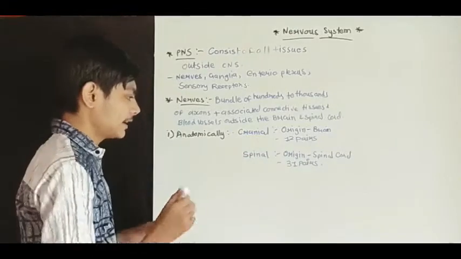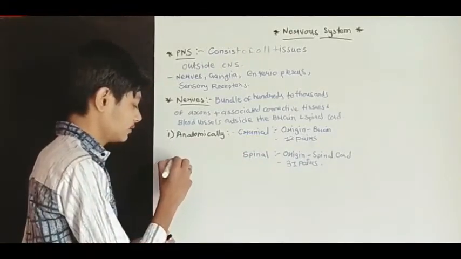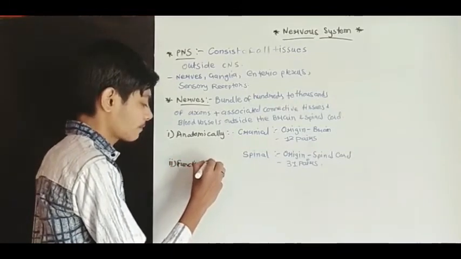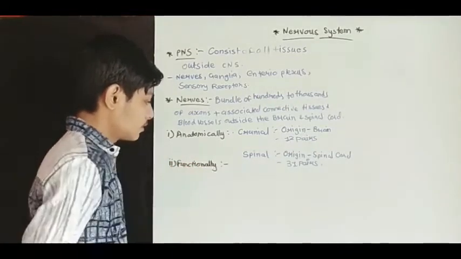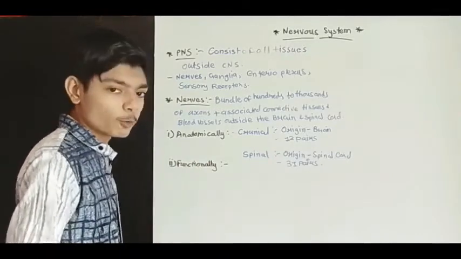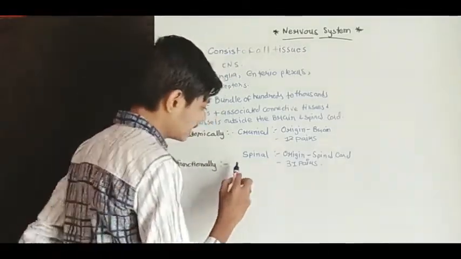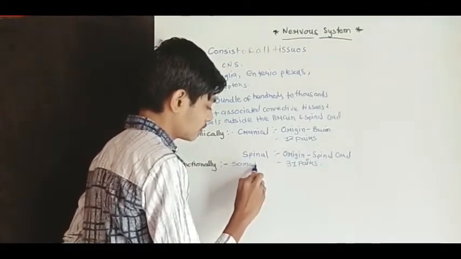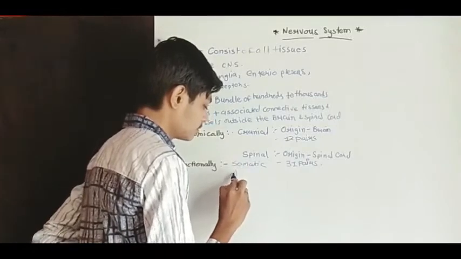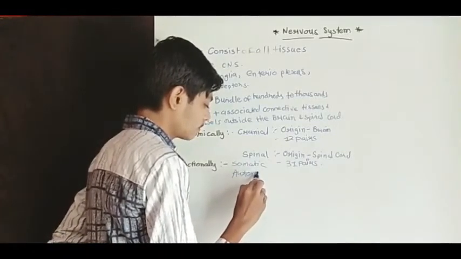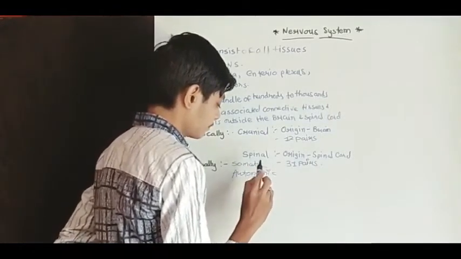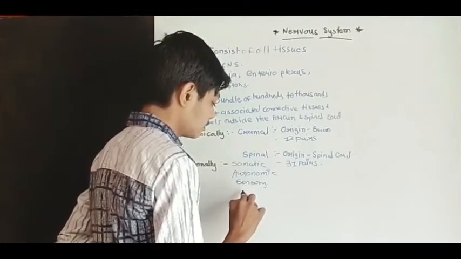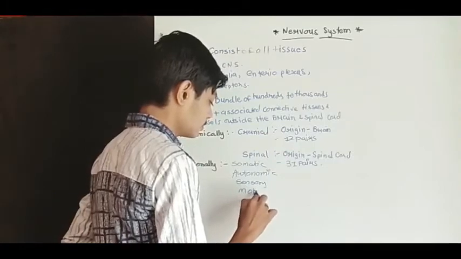Now next, we can divide it functionally. Functionally, it can be divided into four types. First is somatic. The next one is autonomic, then sensory, and the motor ones.